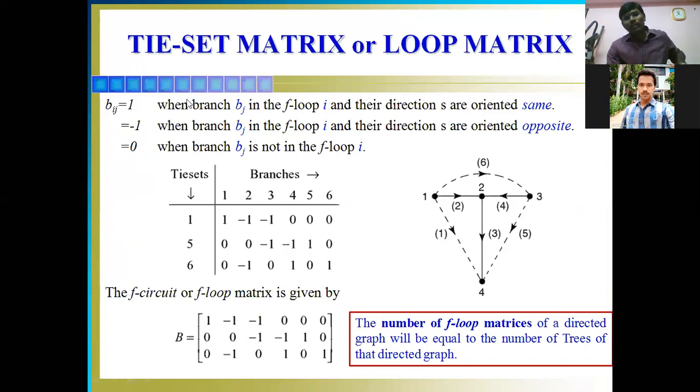This matrix is represented with B. Bij is equal to 1 when the branch Bj is in the fundamental loop i and the directions are oriented the same. It is minus 1 when Bj is in loop i and the directions are oriented opposite. It is 0 when branch j is not in loop i.